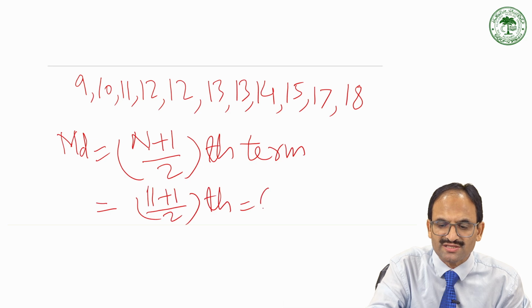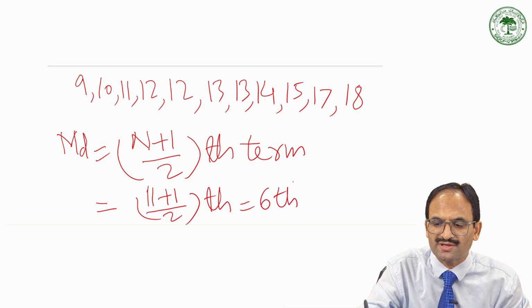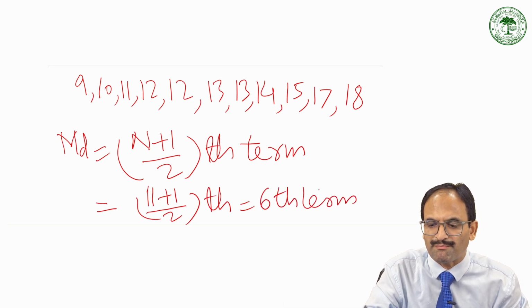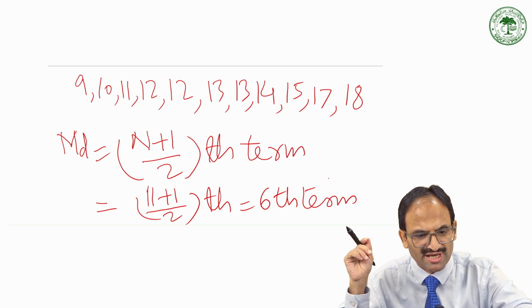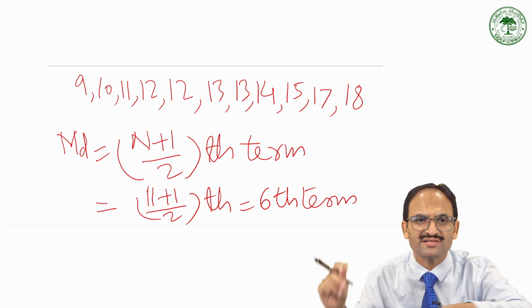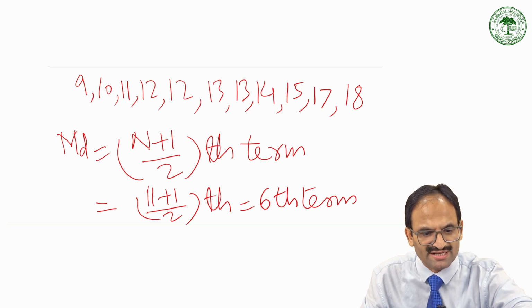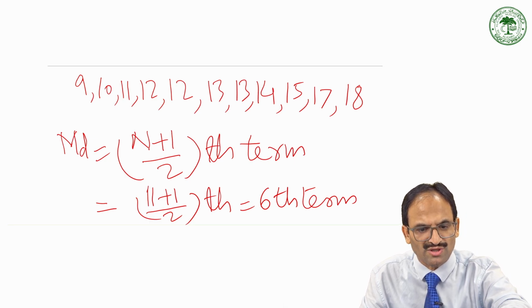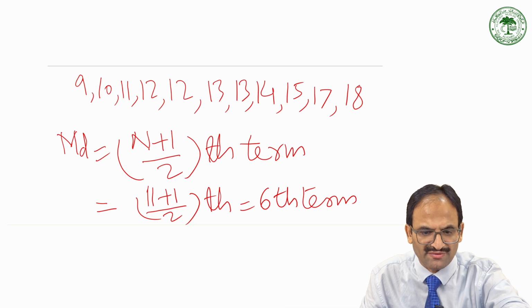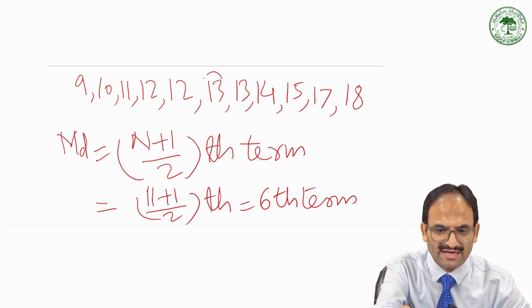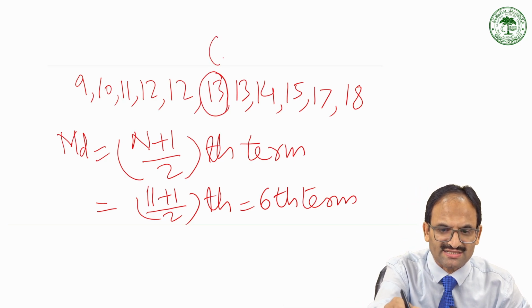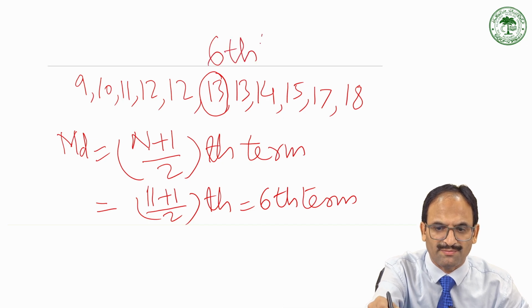So that is the 6th term, the 6th number. So now see which one is the 6th number. See the data. 9 is the first, 10 is the second, 11 is the third, 12 is the fourth, and another 12 is the fifth, and 13 basically is the 6th term.